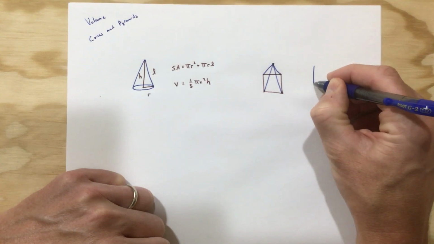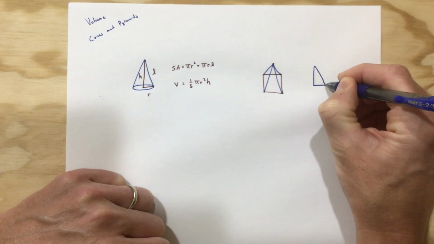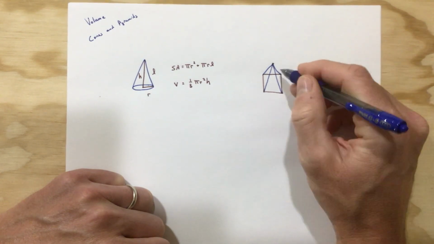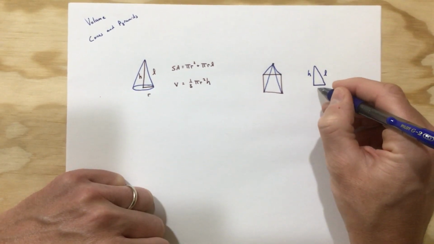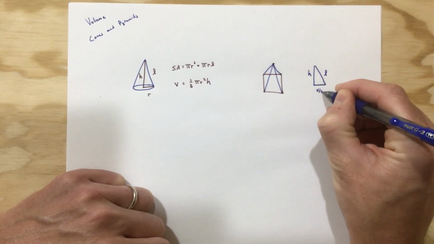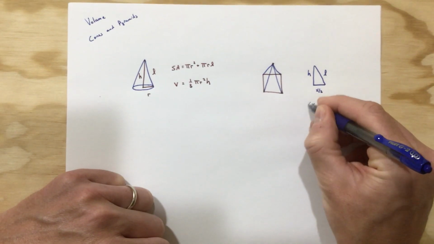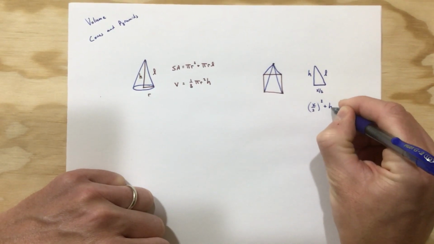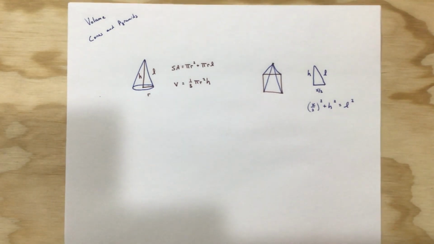It still does form that triangle. So in a square pyramid situation, this is the slant height down that triangle. This is the height of the triangle. And this would actually be half of the side length.